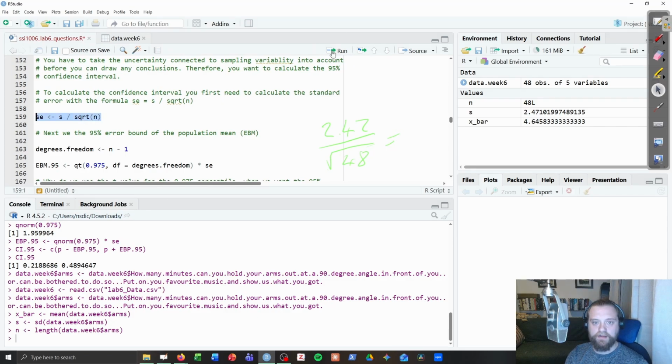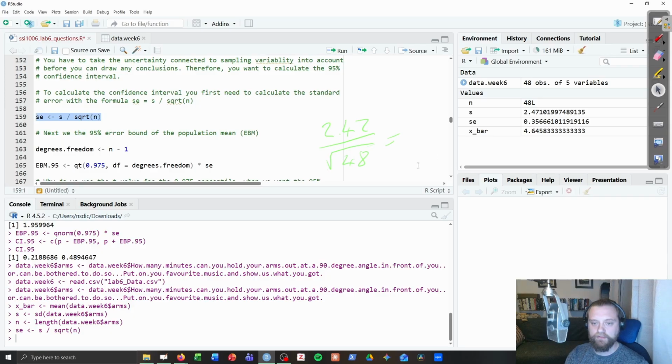So what's our standard error? Well, in this case, it's 0.35, probably 0.36.